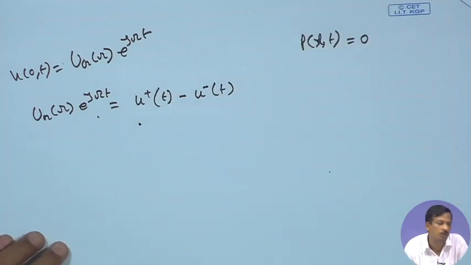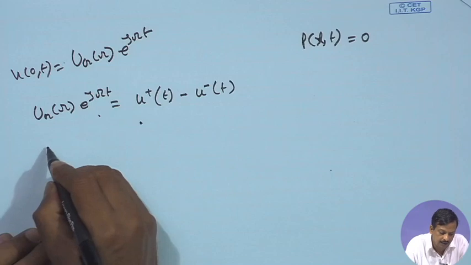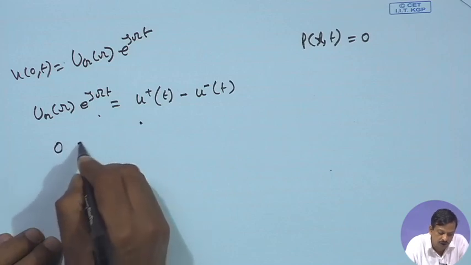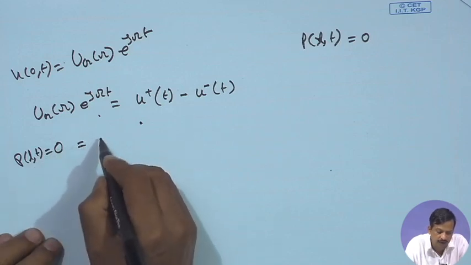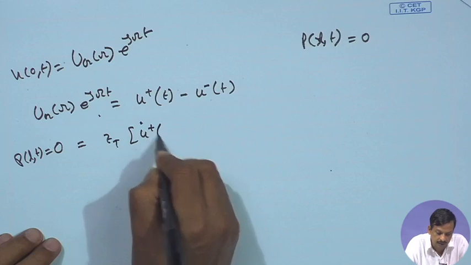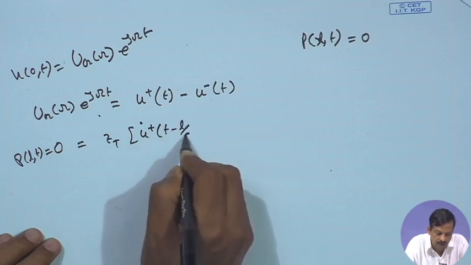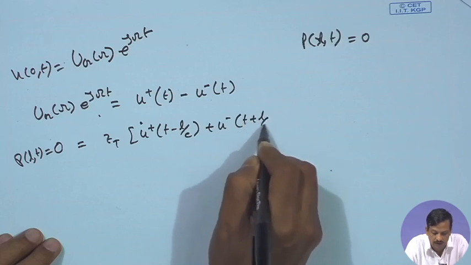And p(L,t) is equal to 0, so I can say Z0 times u plus (t minus L by c) plus u minus (t plus L by c) is equal to 0.